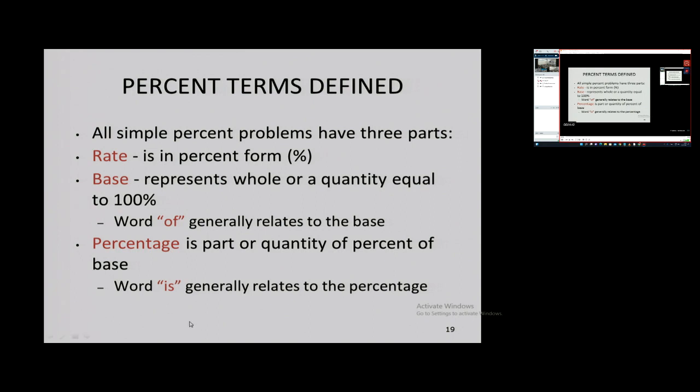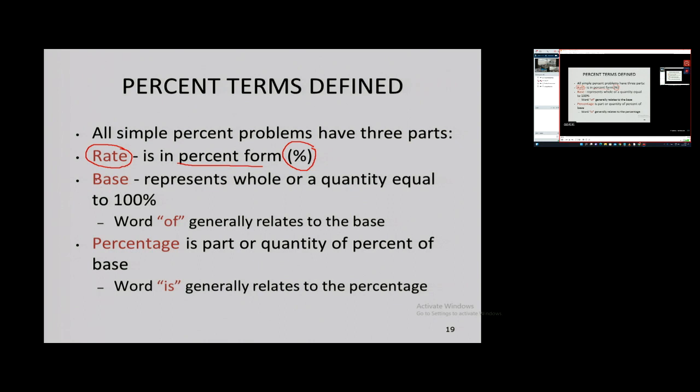Okay, let's try to discuss this. Now, given that we have three parts in these problems, we have the rate. When we talk about rate, remember, it is always in percent form. If you see a number that is in percent form, you see the symbol, then that is the rate of the given problem or statement.